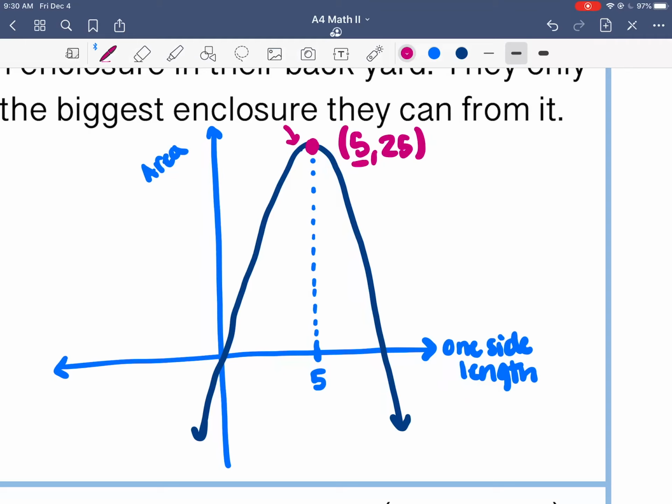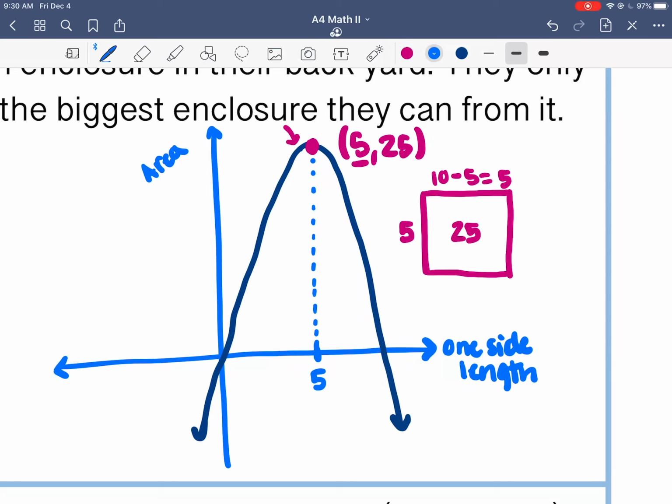Let's think about that really quick. A chicken enclosure with one side length of 5 and the other side length of 10 minus 5, which is 5, gives us a square enclosure with the area of 25.